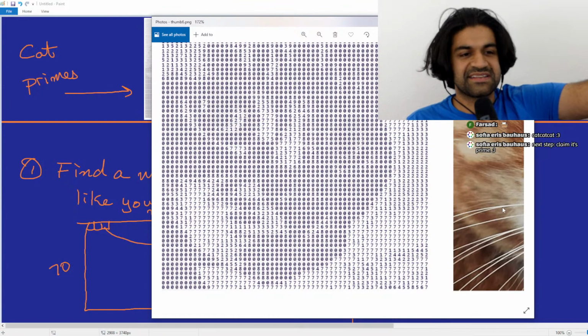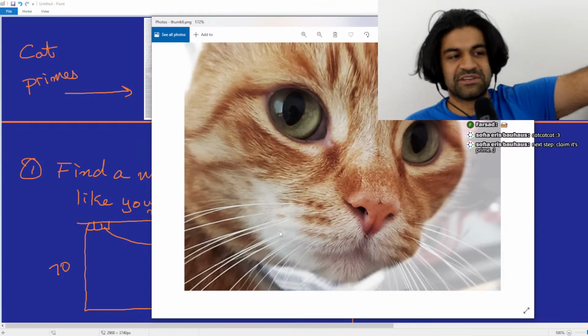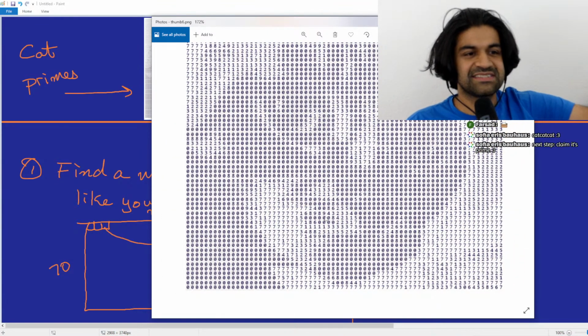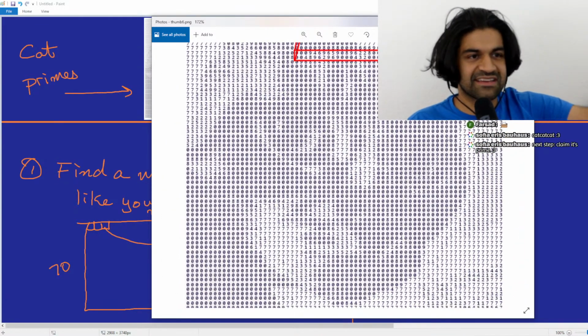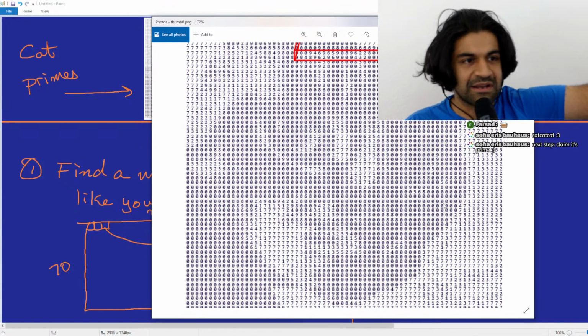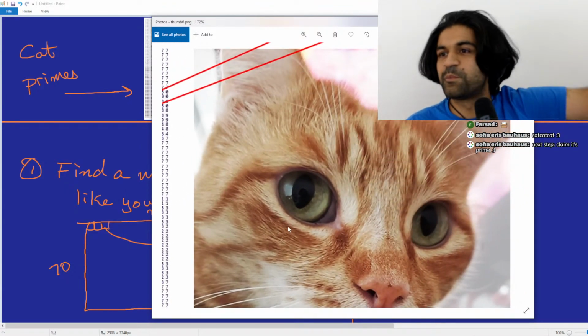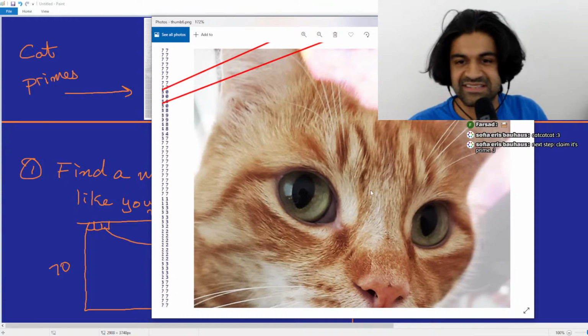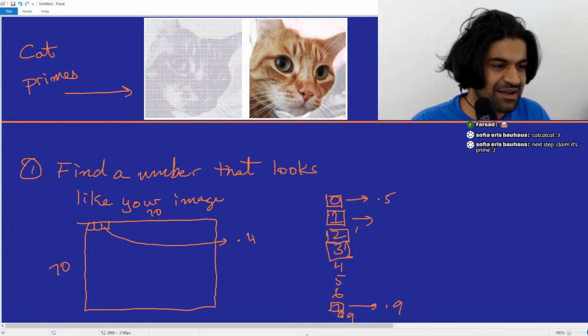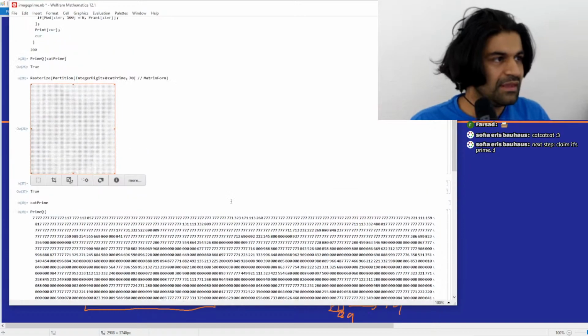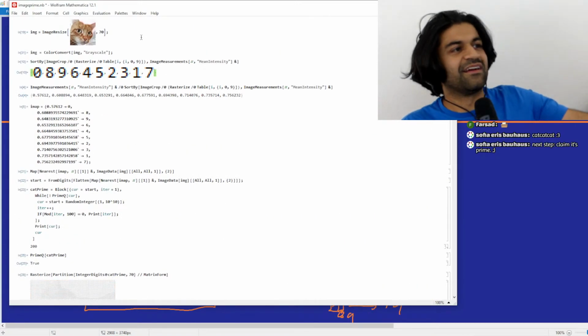Since 7 was the brightest number, all the white regions of the image got replaced by 7s. And it looks like 0 was my darkest number in my font, so all of the dark portions of the image got replaced by 0. It's not that complicated, and you can see the code over here. It's really not that bad.